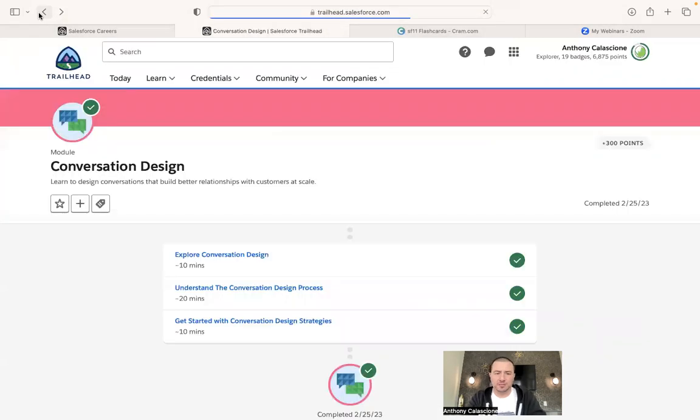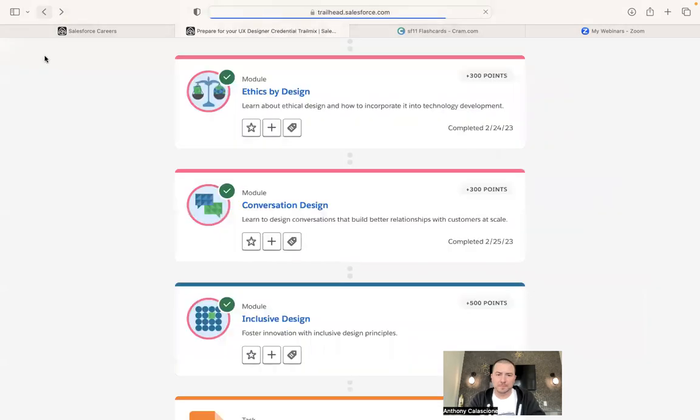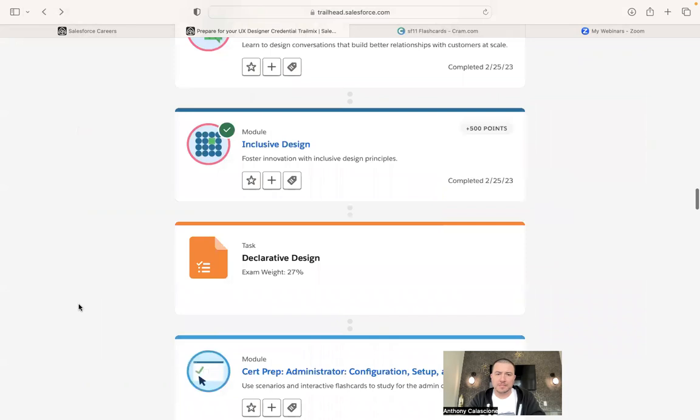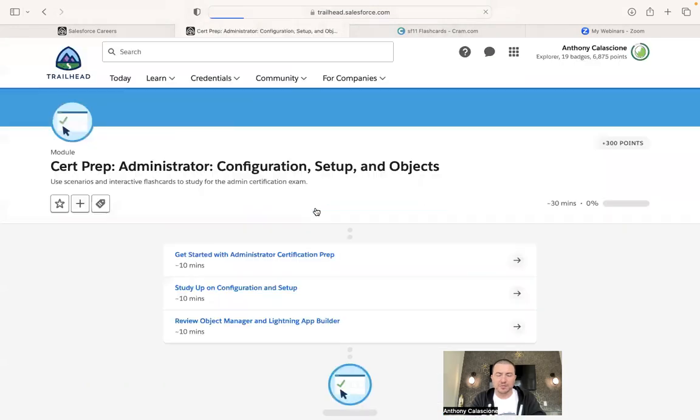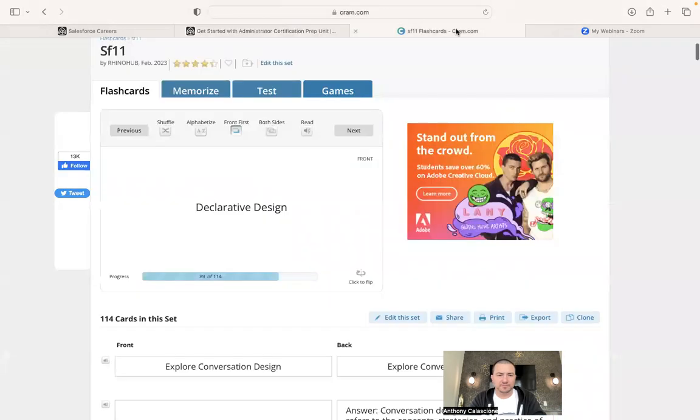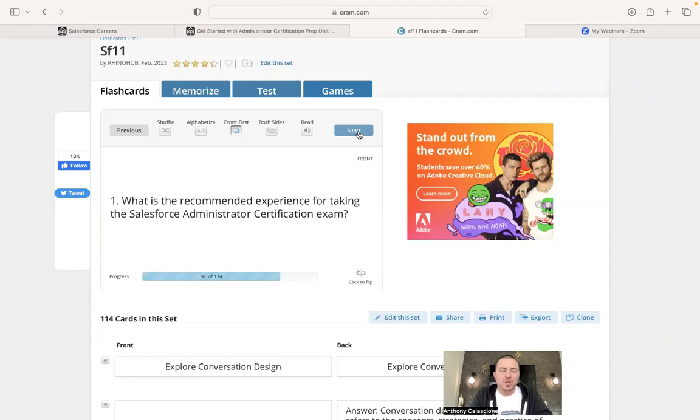Oh yeah, so declarative design is the name of the task. The module is Cert Prep. Okay, so we're in the right place. Just wanted to double check. See, getting started. All right, let's go.